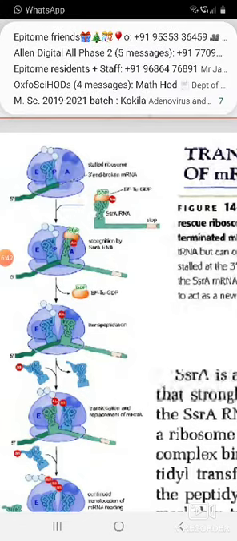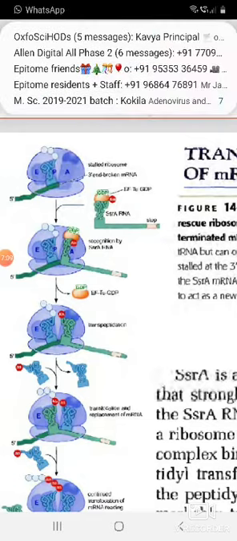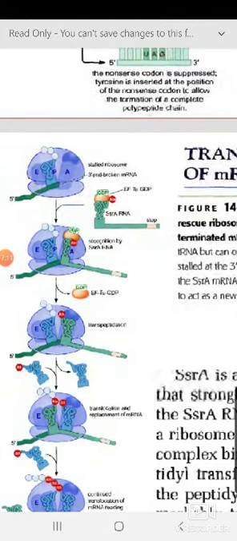From the beginning it started as usual normal translation with the help of the ribosome and all other factors. But what happened at the end? There is no stop codon. So there is no releasing factor to come and bind. The ribosome cannot be released, the mRNA is trapped, and all the tRNAs are trapped inside. All these things are together, but it cannot proceed, because there is no stop codon.